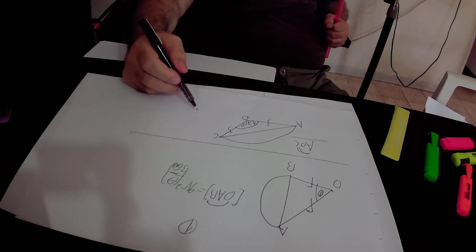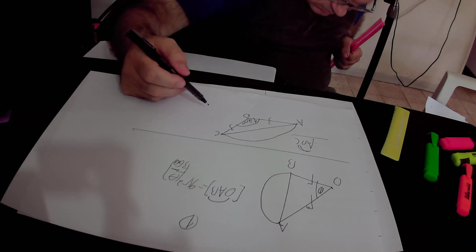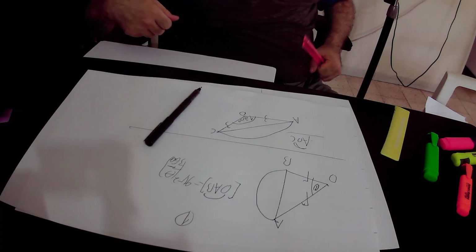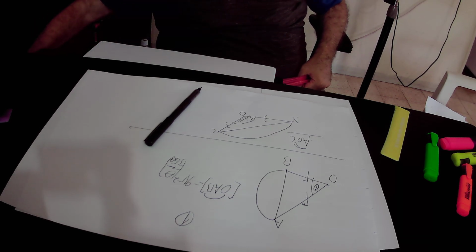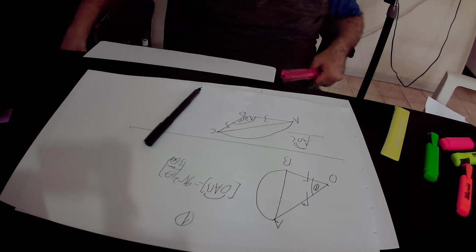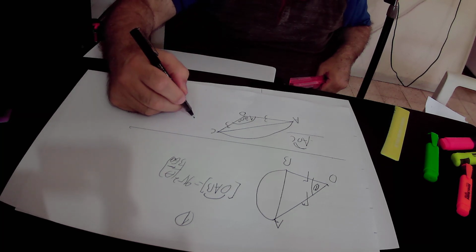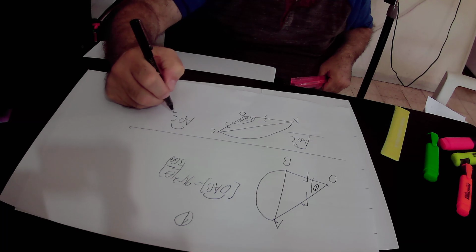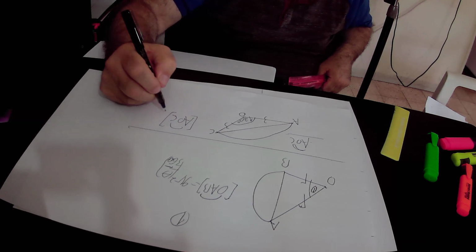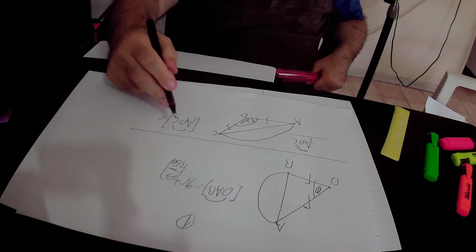Therefore, the area of this sector AOC will be equal to pi r squared.